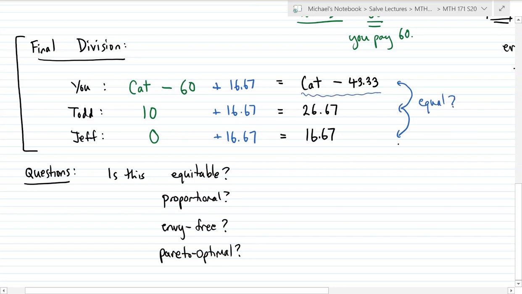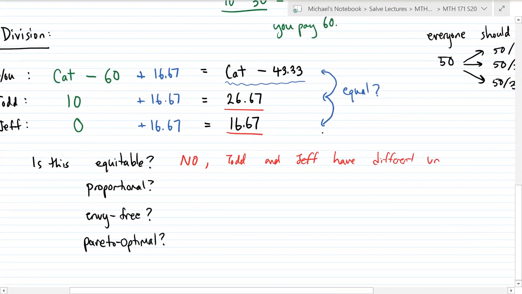We might need to think about how much is cat minus $43 really worth to you, but we don't even need to look that far because already we see that these bottom two are just not equal, so the answer just has to be no. Todd and Jeff have different values. Okay, and this is just kind of what's always going to happen with Knaster's inheritance procedure.